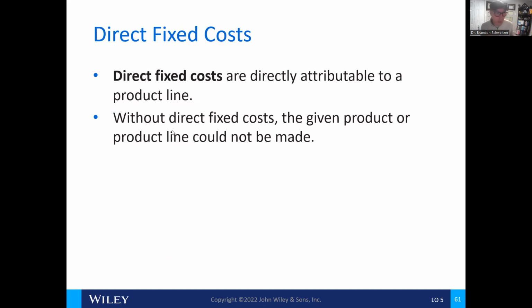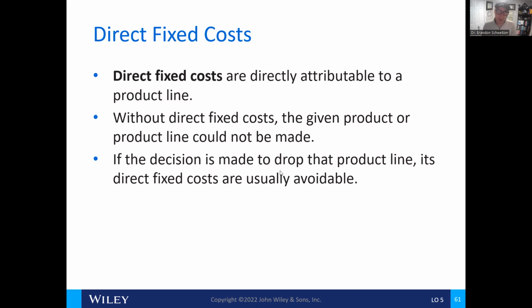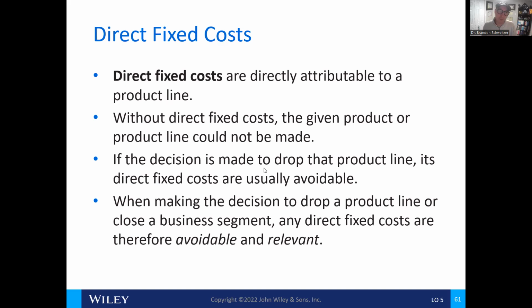This would include things like supervisor salaries, depreciation expense, direct fixed costs. If the decision is made to drop that product line, the direct fixed costs are avoidable, typically. Making a decision, we would consider these as avoidable and relevant.